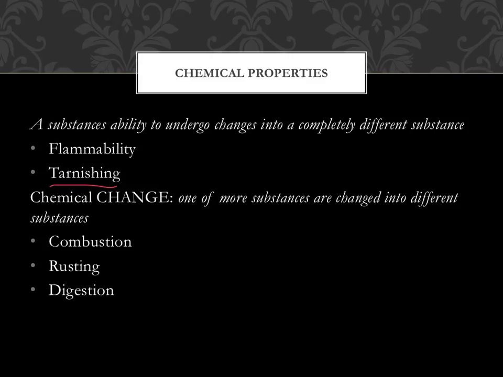Now, chemical change is related to that because chemical change is a process that happens that makes something new. So combustion would be that, right? That's when we have flames and stuff. So, if we take something like natural gas, which is methane, CH4, what it does when it burns is it combines with oxygen and you get CO2, right?